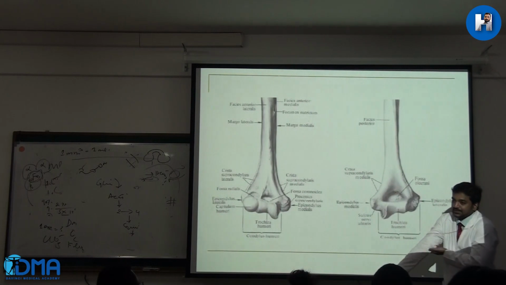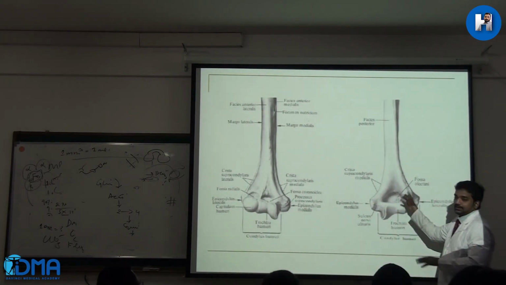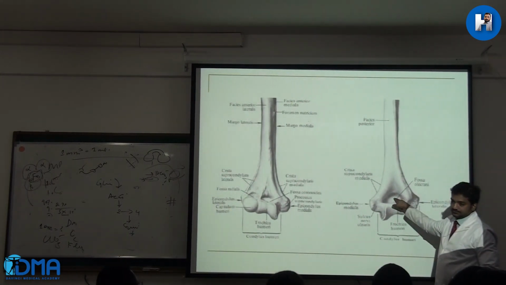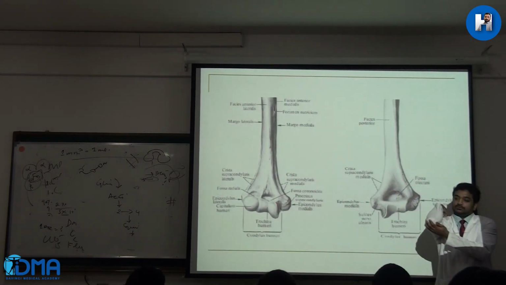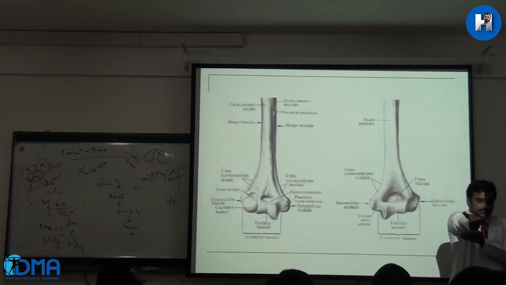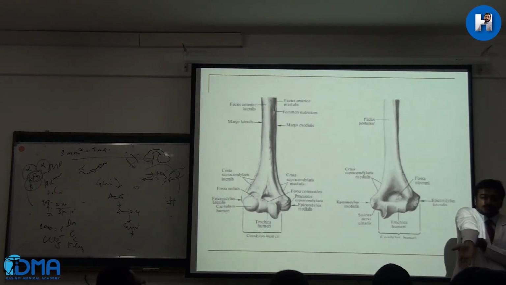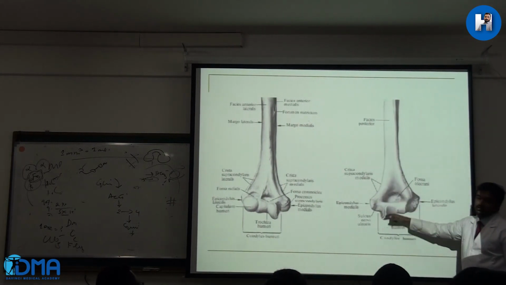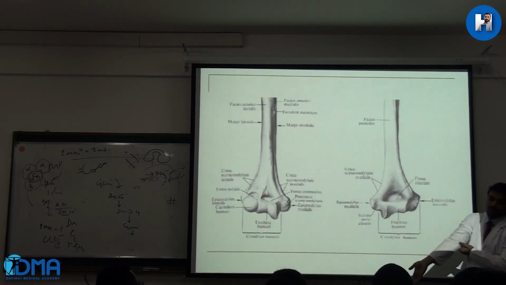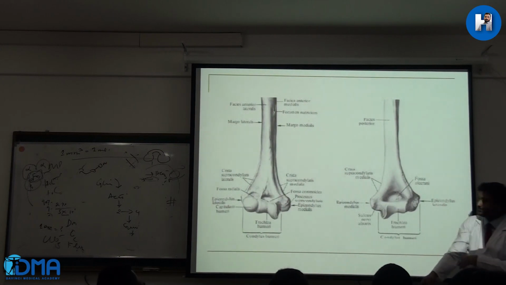So once you extend, it will limit the extension by coming and fixing into this fossa. Understood? Triceps will be attached, and triceps is doing extension. After this you cannot do extension. Why? Now this olecranon came inside the fossa. How will it move after this? It cannot move. Clear?